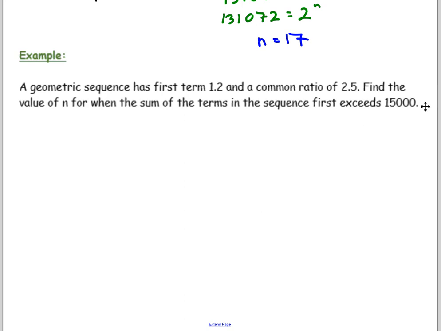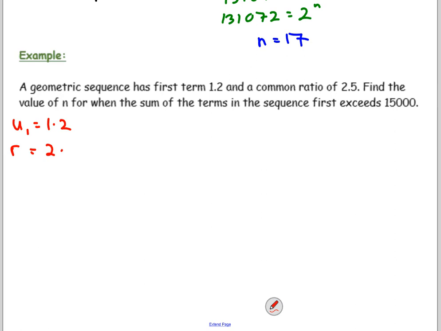So when I first did this initially, a little error I did was I initially said 1,500. So just make sure you're writing the correct things in. Okay, so first thing, if you like to write the lists, 1.2, common ratio equals 2.5.